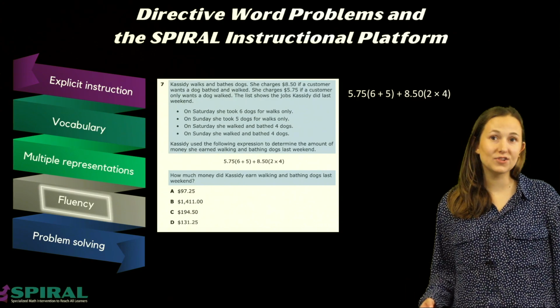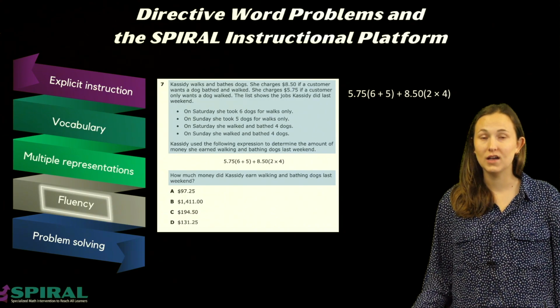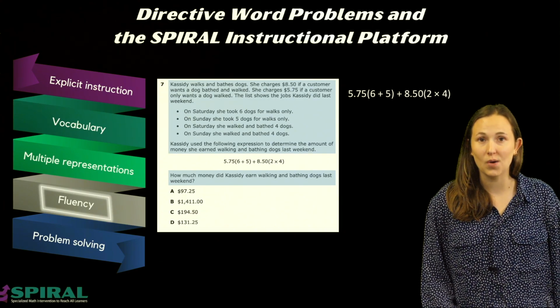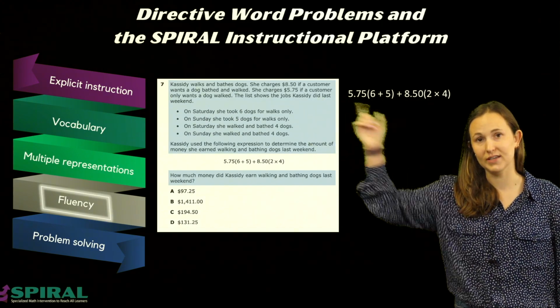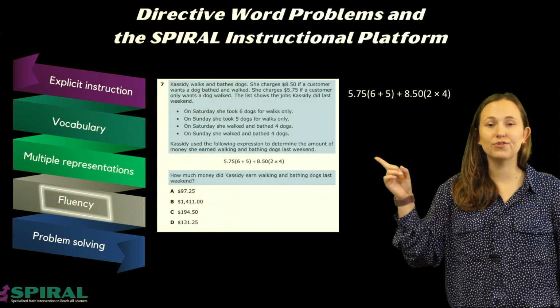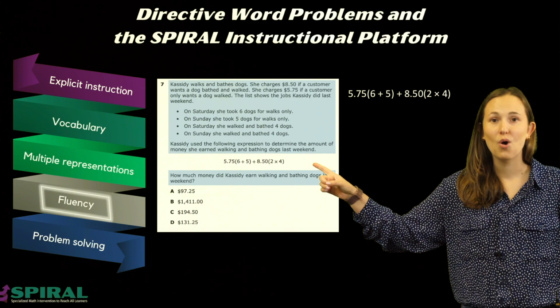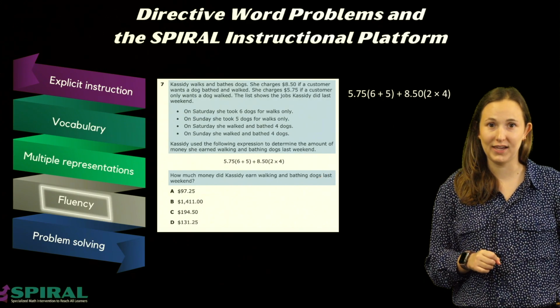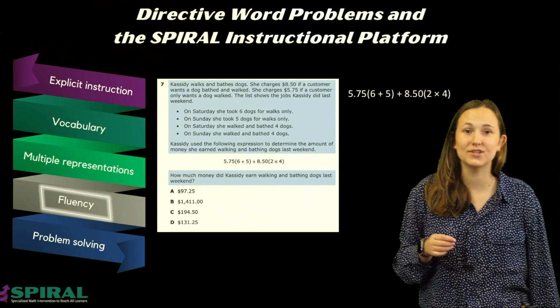She charges $5.75 if a customer only wants a dog walked. The list shows the jobs Cassidy did last weekend. And here we have our list of jobs. Cassidy used the following expression to determine the amount of money she earned walking and bathing dogs last weekend. How much money did Cassidy earn walking and bathing dogs last weekend?